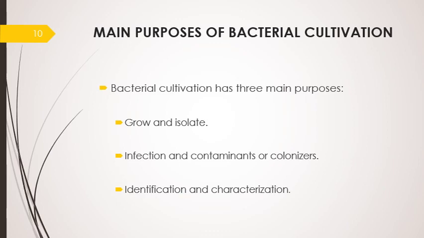But sometimes we obtain multiple cultures within a culture medium, but we desire only one specific microorganism. So such type of multiple culture, we refer to as contaminants or contamination.